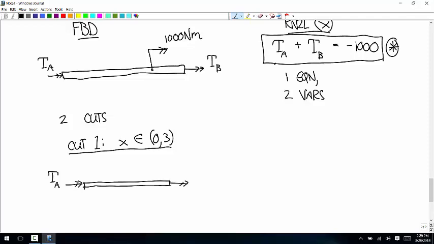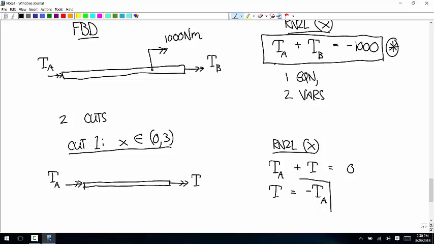And then we have the internal torque. So the moment equation about the x-axis says TA plus T is equal to 0. In other words, whatever TA is, the internal torque there is the opposite. Okay, so this is valid only for x values between 0 and 3.